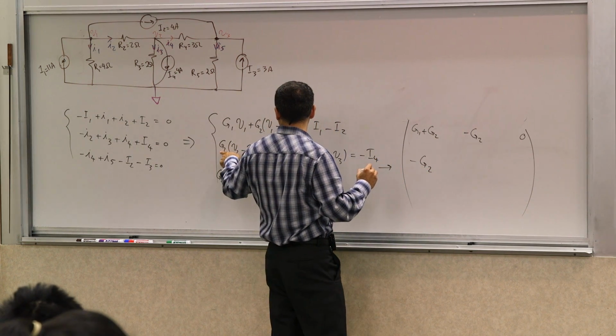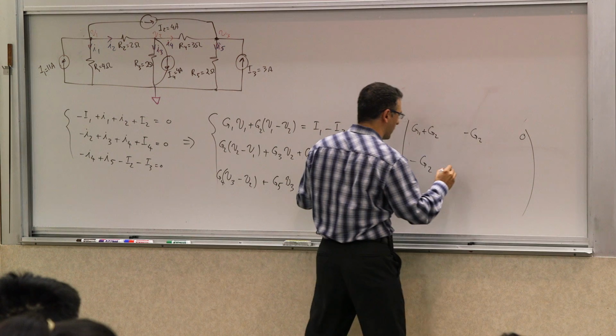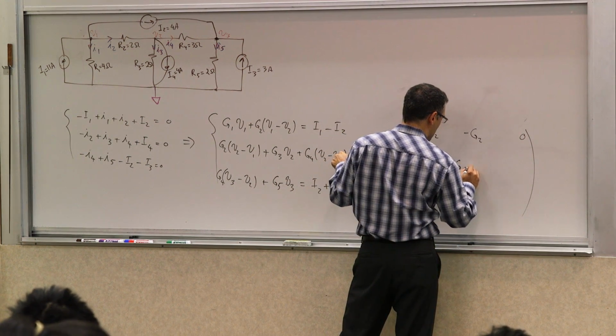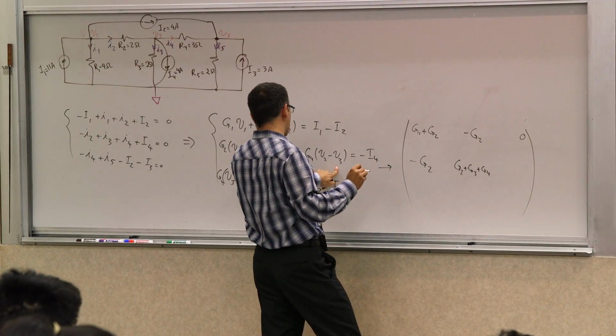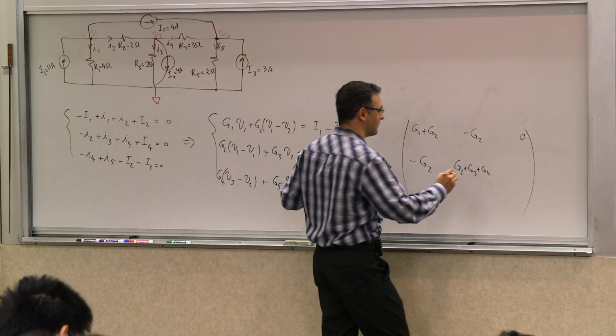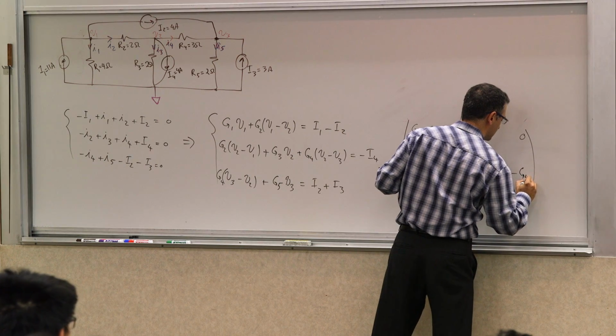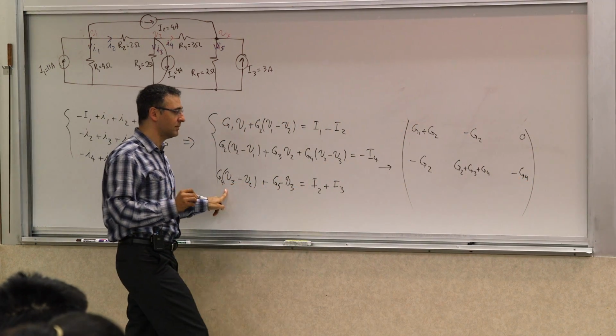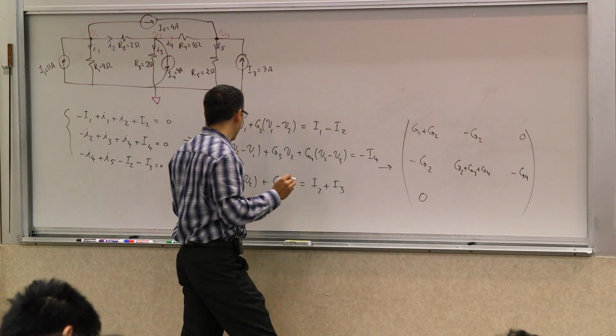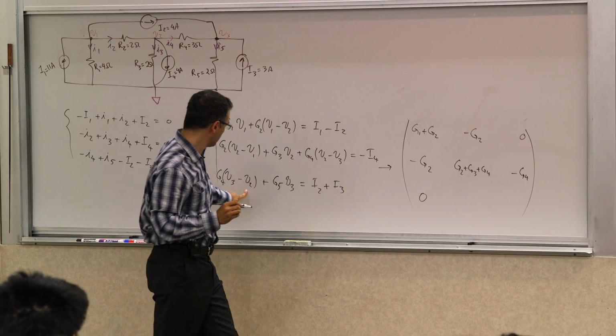Now, how about V2? I have G2, G3, and G4, so G2 plus G3 plus G4. And then V3 is the only term with V3, so negative G4. How about the third row? I don't have a V1 term, so that's 0. I have a V2 term, which is negative G4.